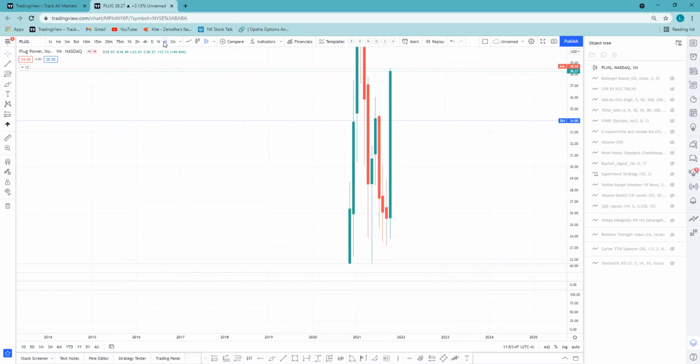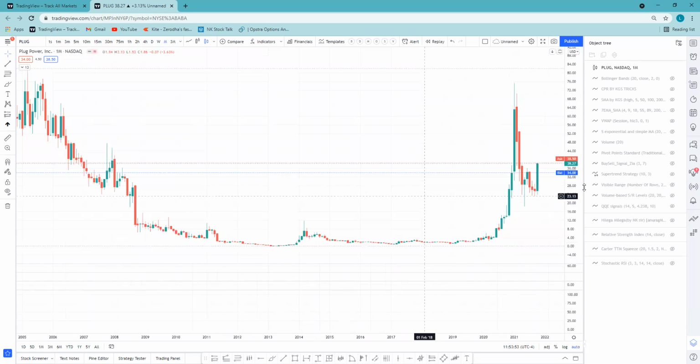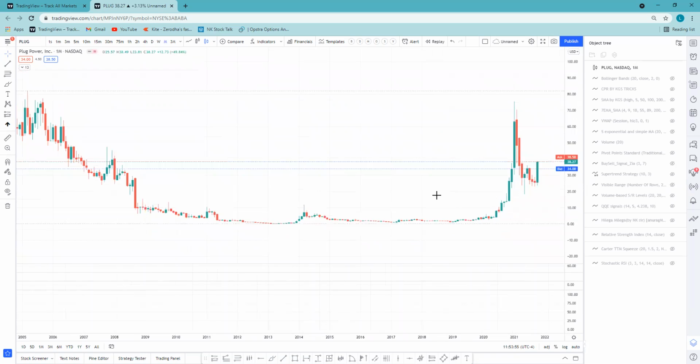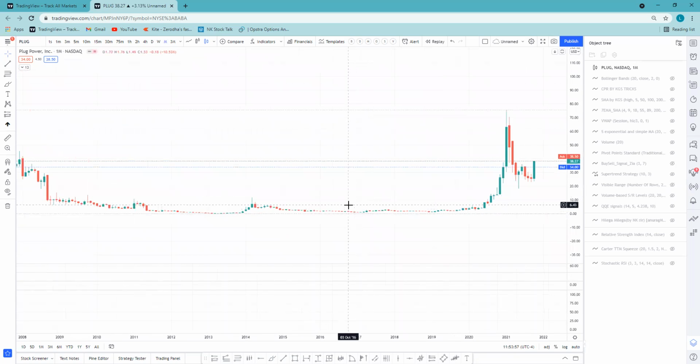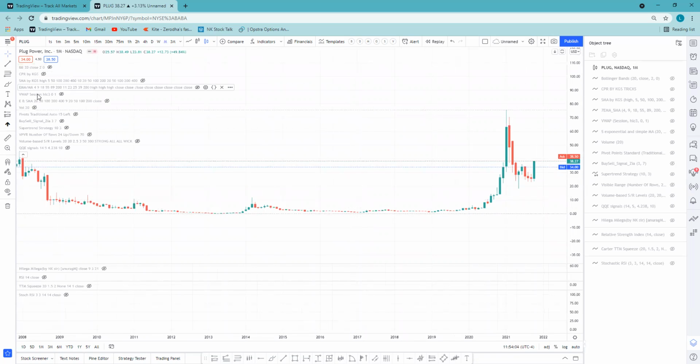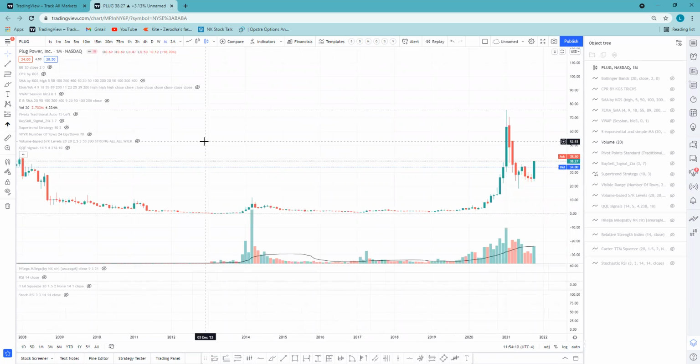Okay, sorry about that. I'm going to go to the monthly. I always start with the monthly. Monthly, horrible. Wow, look at this one. This is a very good example of accumulation. I'm going to put on the volume. Do you see the volume?